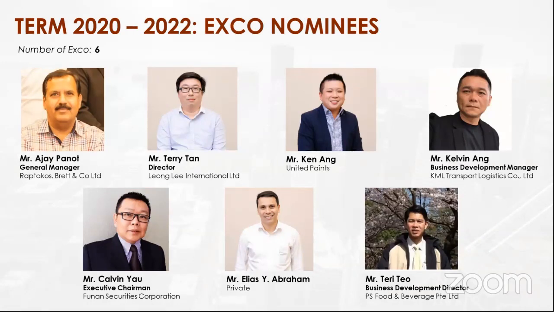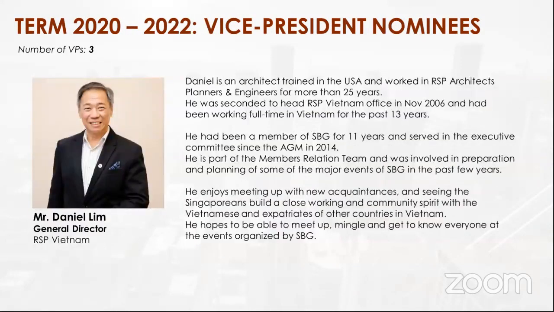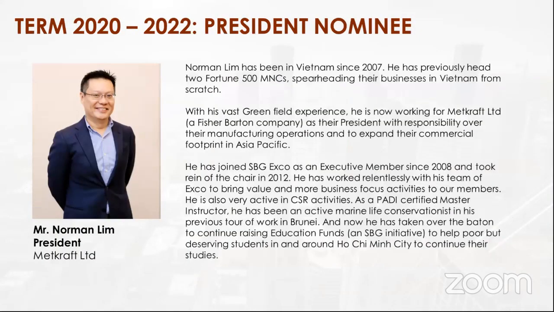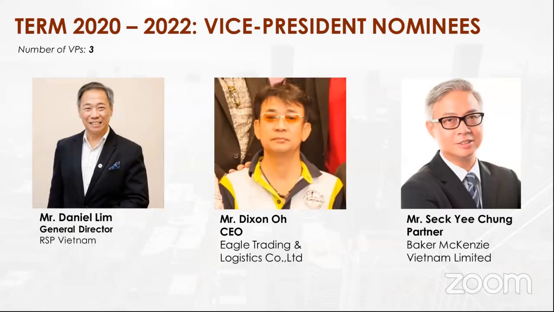Only for vice president and EXCO nominees, we will have a poll. For president, honorary treasurer, and honorary secretary, we don't have a second nominee. It's only one nominee, so we will continue to have Mr. Norman Lim as our president for the next term, as well as Mr. Jeffrey Lee as our honorary secretary and Jason as our honorary treasurer.